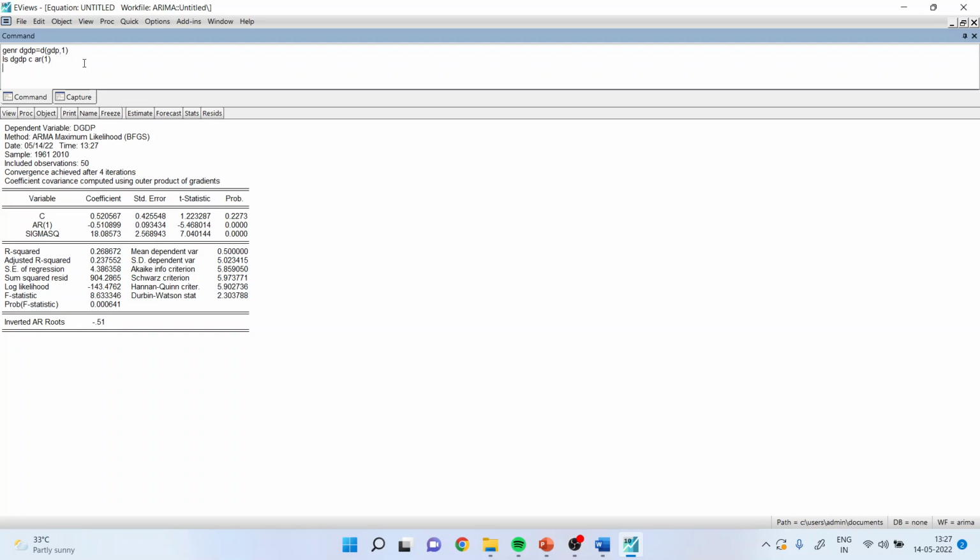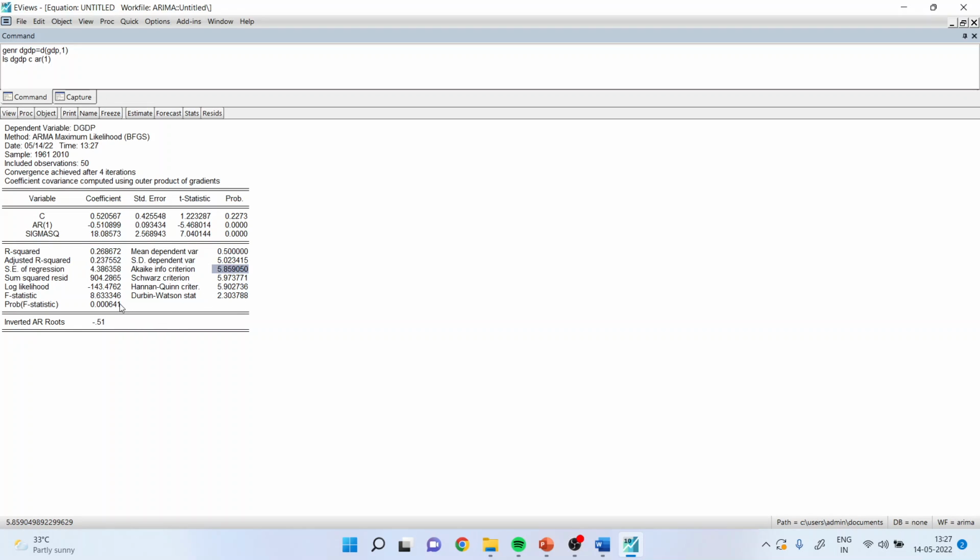To recall, when we identified the series according to the correlogram, we knew that this is an AR1 process. See, the p-value of AR1 is less than 0.05, which is a very good indication that it is an AR1 process. So one significant term.